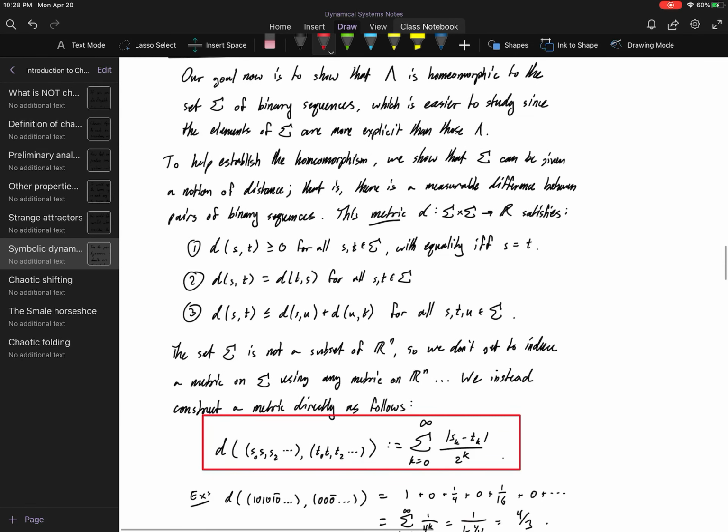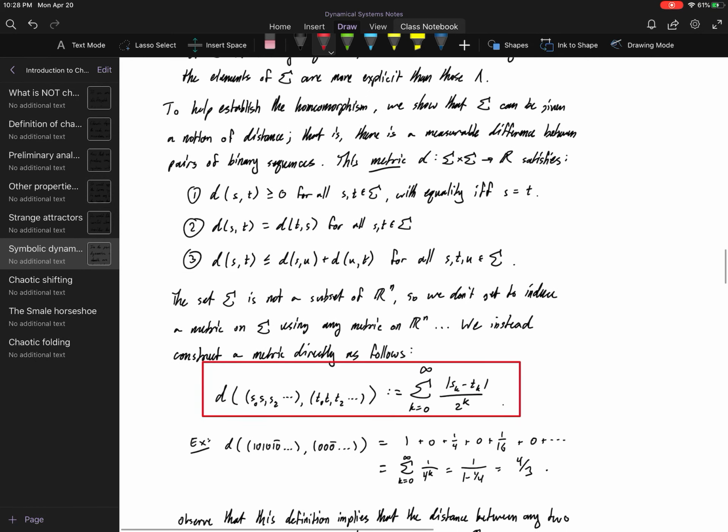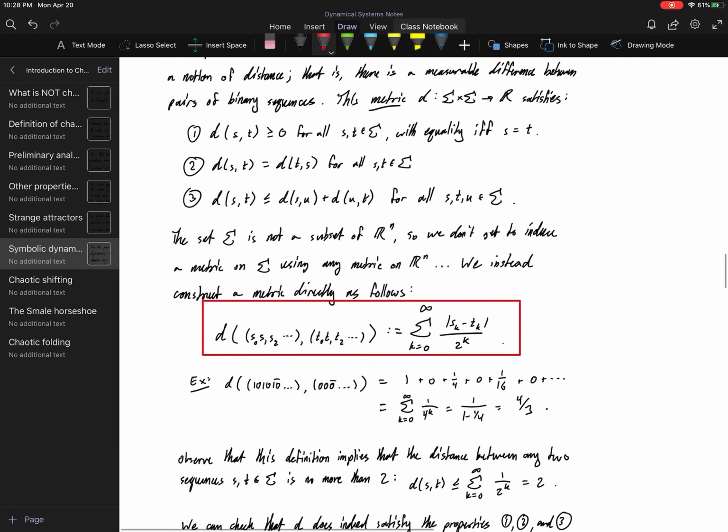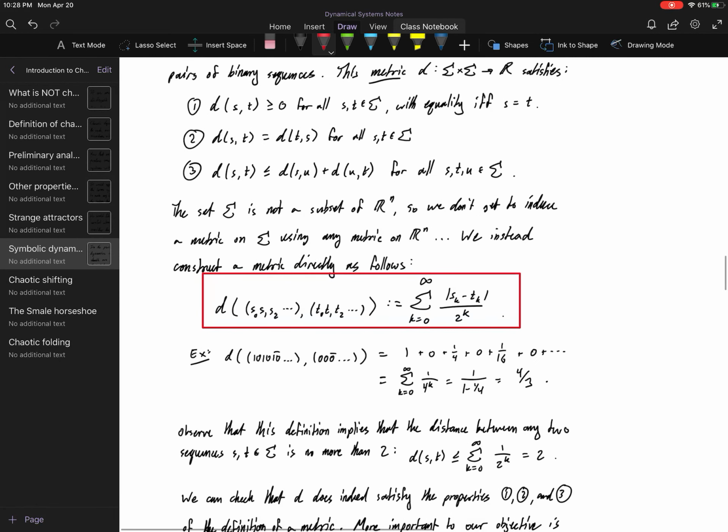We talked about a metric on the binary sequences. And this one, we had to make a little more contrived than our usual notions of Pythagorean theorem distances, or generalized Pythagorean theorem distances, these two norms.